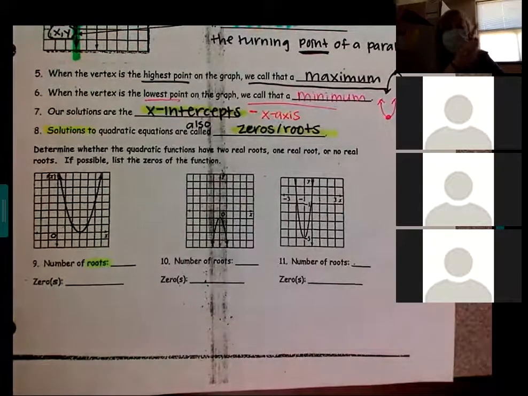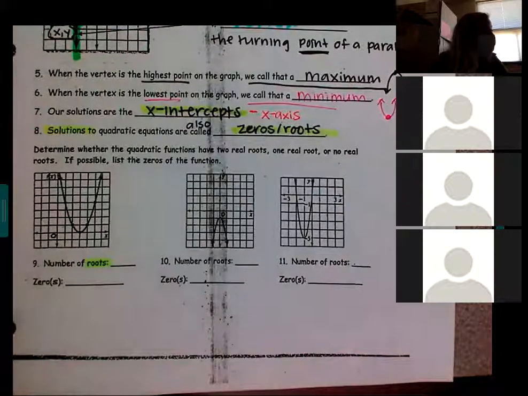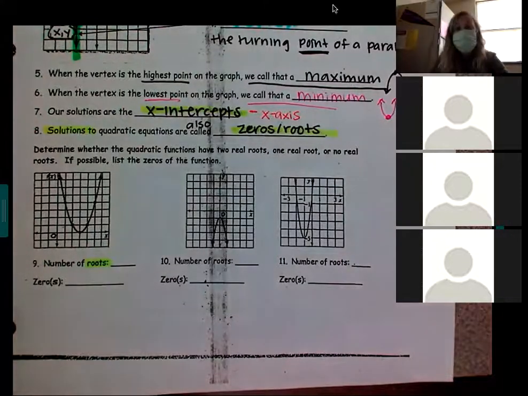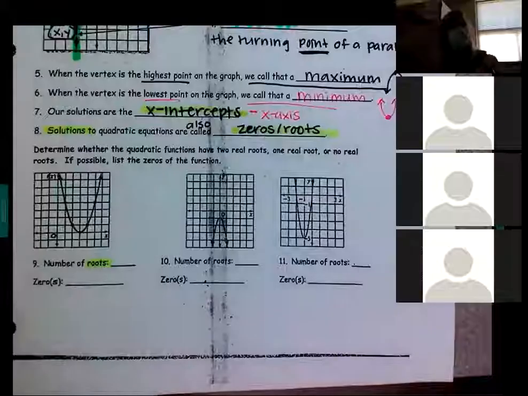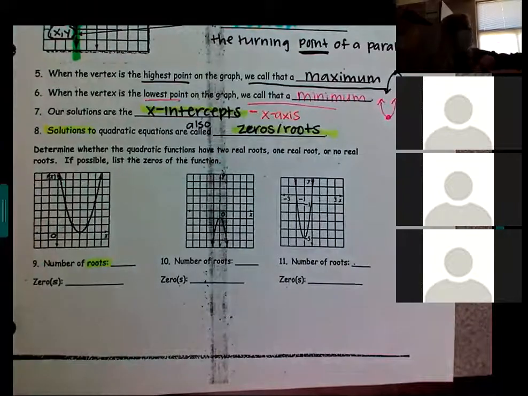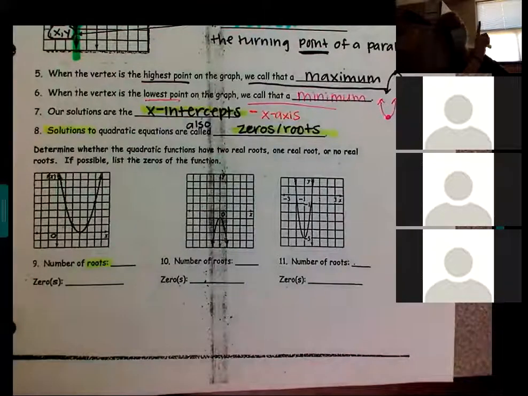It means the same thing as a 0. A root just means a what? An x-intercept. An x-intercept is where it touches the what? X-axis. Thank you, Shia.